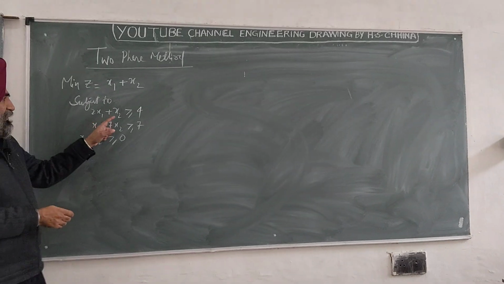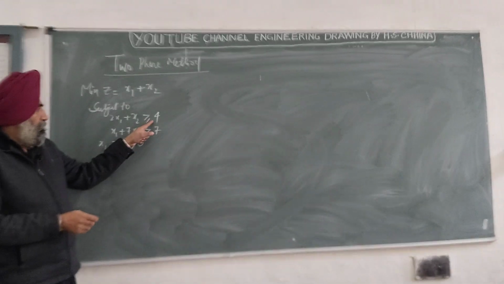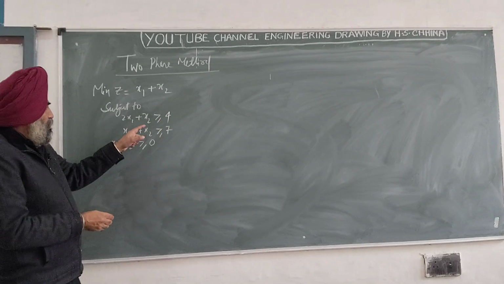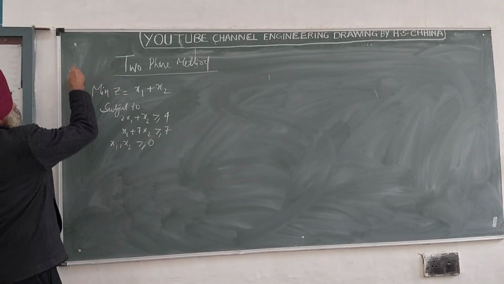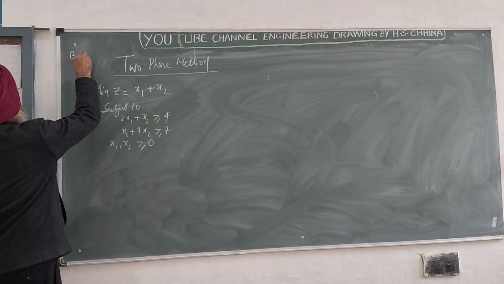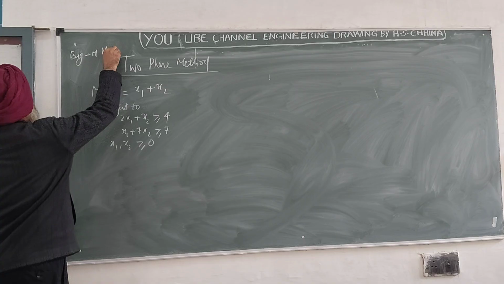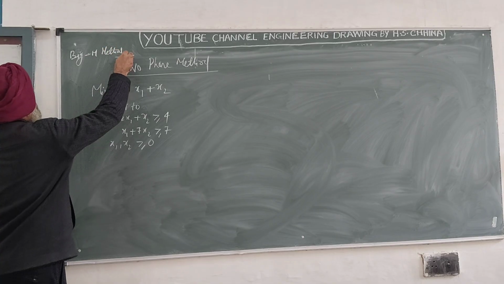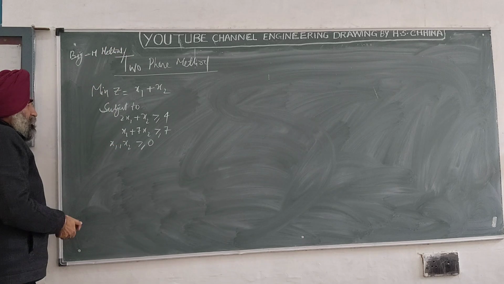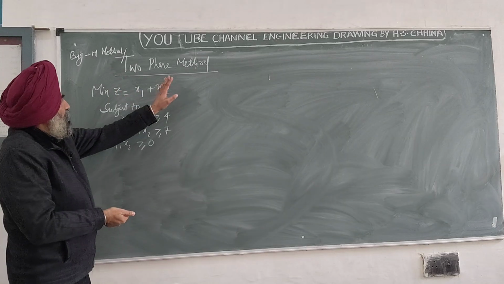If any of the constraints is of greater than equals to type, we apply the big M method or Charnes method or method of penalties. The two-phase method is another option.